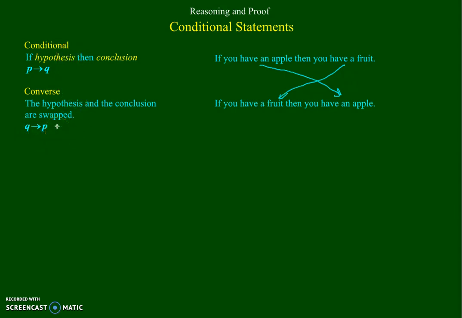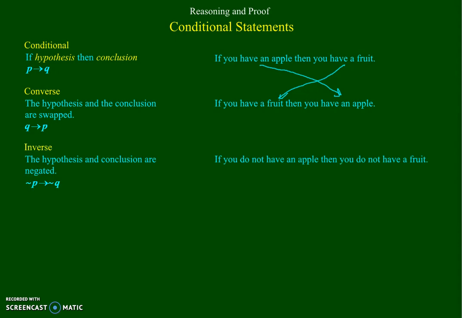The third form is the inverse. And the inverse is not. And that's actually not a bad way to try to remember it. If you think of the inverse, you can think of: inverse is not. Inverse is not.